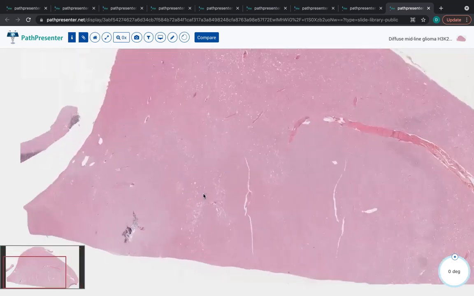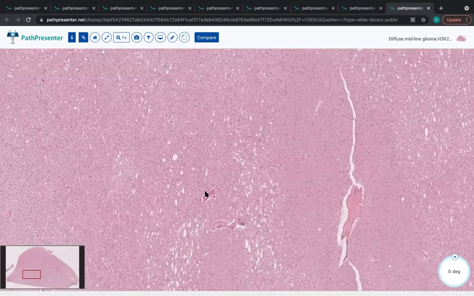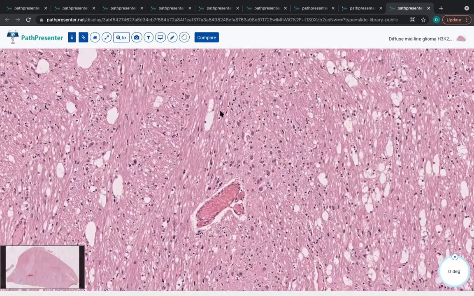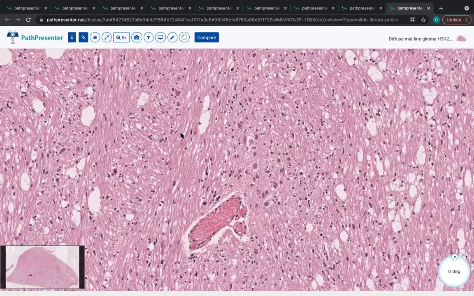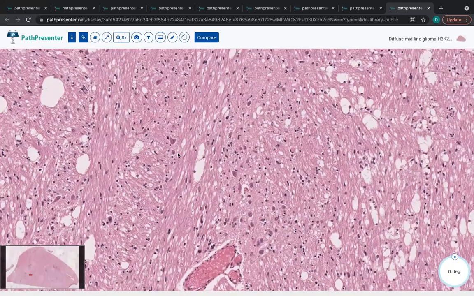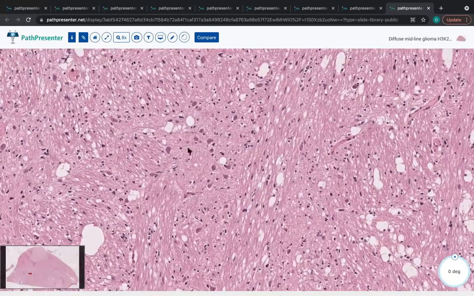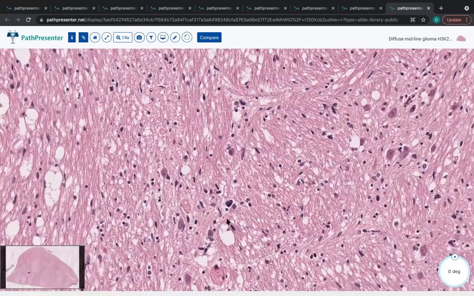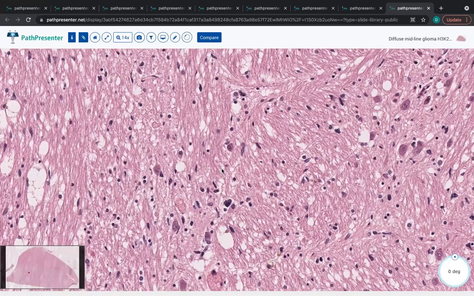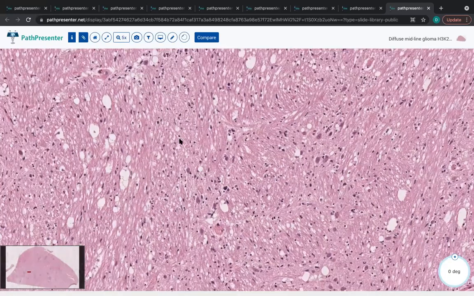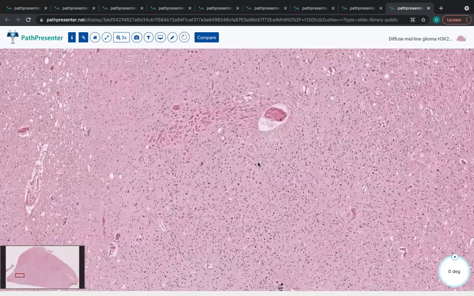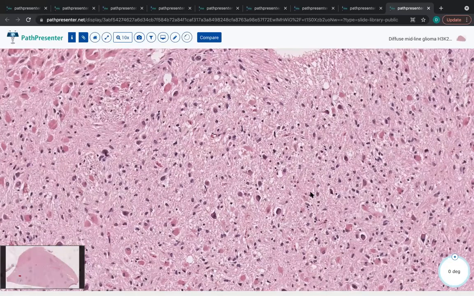But if we zoom in a fair bit, one can begin to see that amongst all the different corticospinal tracts that are running through the tissue section, we can see a number of these not only pontine nuclei, but some additional cells that are hyperchromatic and atypical, just kind of percolating through all of the normal structures of the pons. I think there's probably a good region where we're seeing some more of those tumor cells.